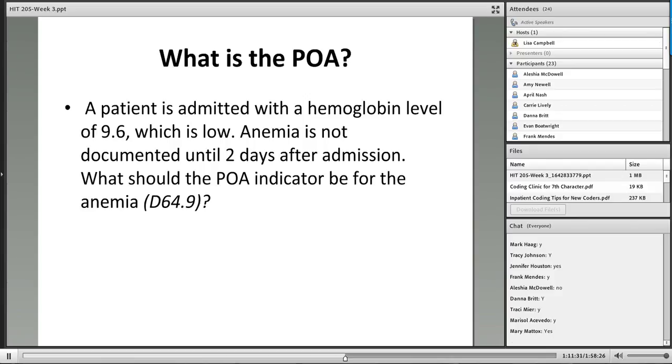We as coders cannot code based on a test result. Yes, you learn the different clinical indicators, but we can't code based on an abnormal finding. We've got to query. So that one we have to query.